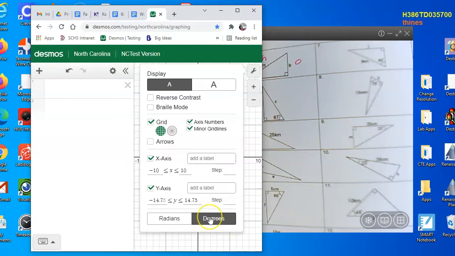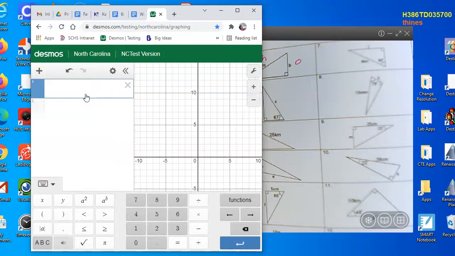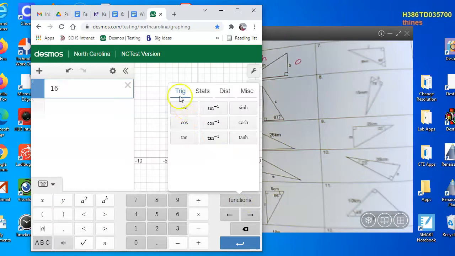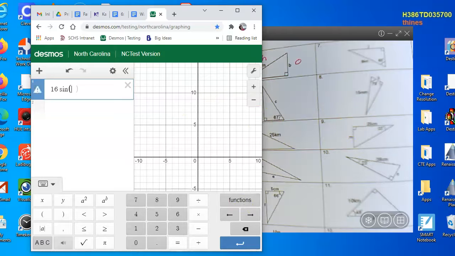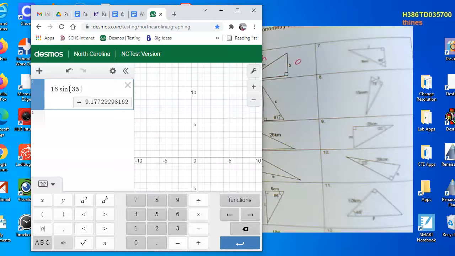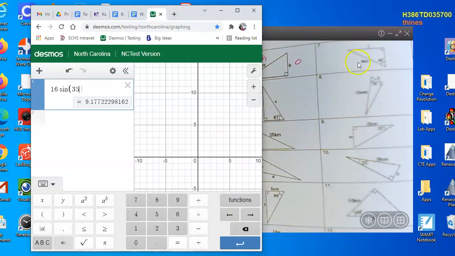But that's where it's located, so you know you're in the right mode. Then you type it the same way we just typed it. You can press 16, type sine on the keyboard, or go to functions, where it's under Trig. You just type sine and then 35. So you can do it in Desmos or the calculator, whichever you prefer. Questions about that?